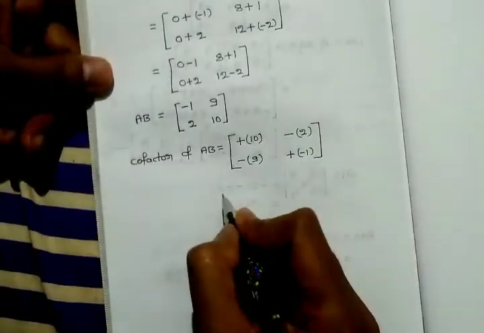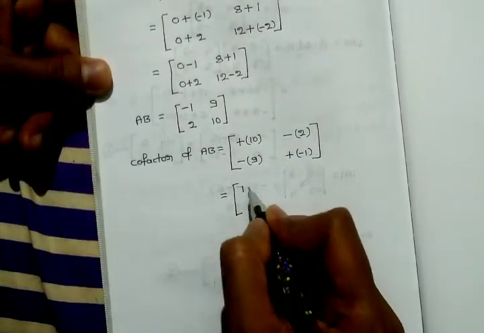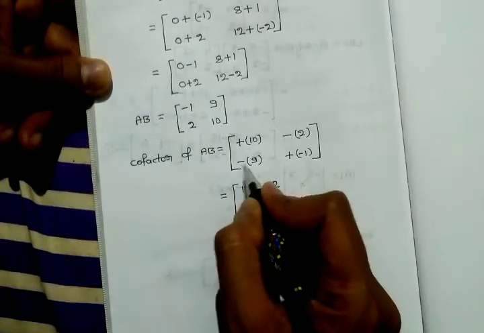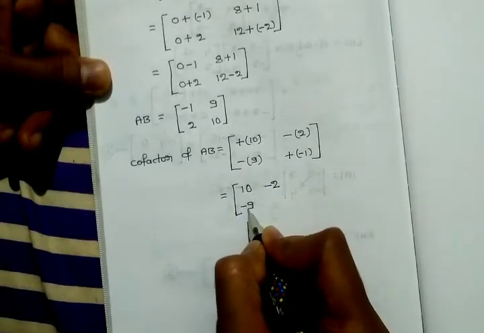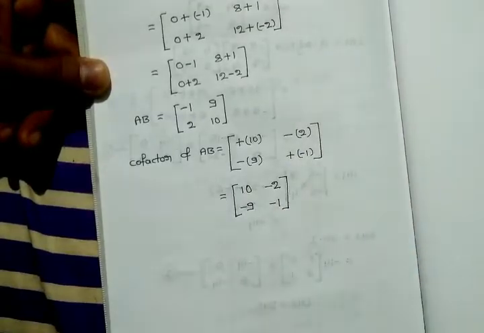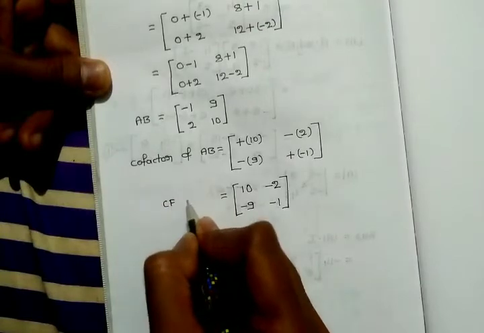So next, which is equals to, multiply the sign. Plus into plus is plus 10, minus into plus is minus 2, minus into plus is minus 9, plus into minus is minus 1. This is cofactor of AB.